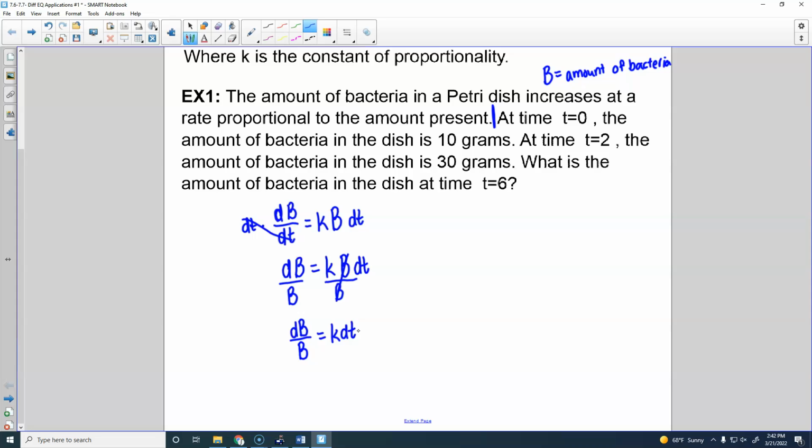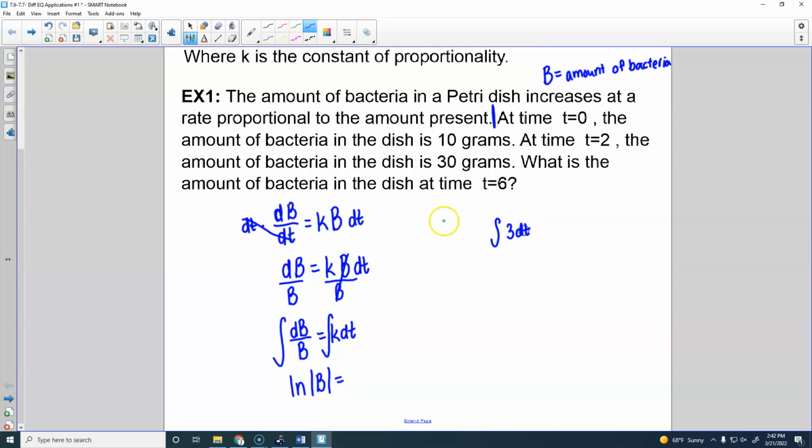So we now need to integrate both sides. What will we get when we integrate dB over B? Natural log of the absolute value of B. What do we get when we integrate k dt? What if I integrate 3 dt?